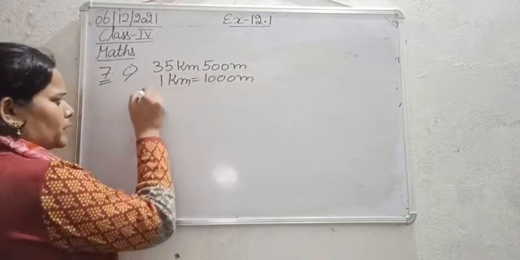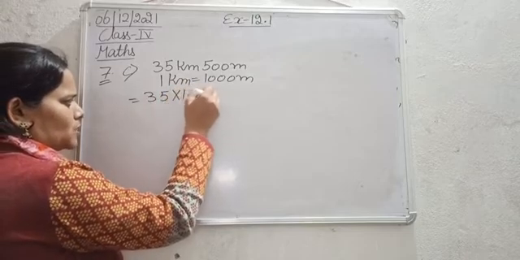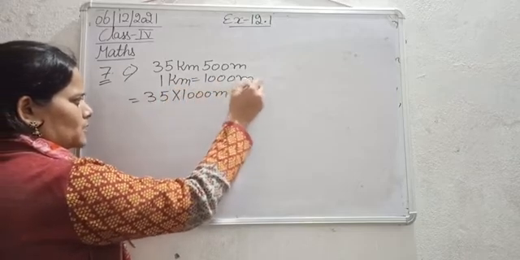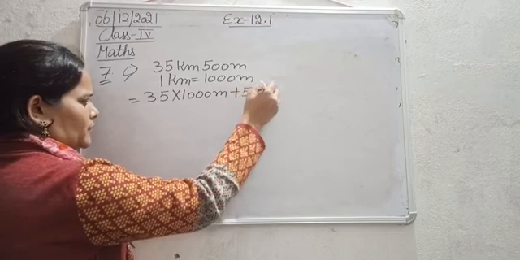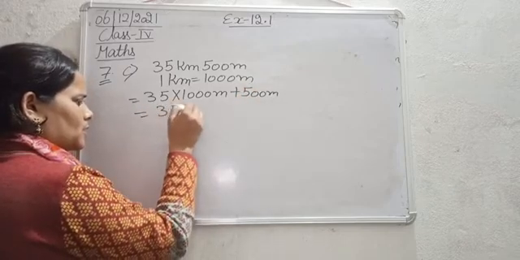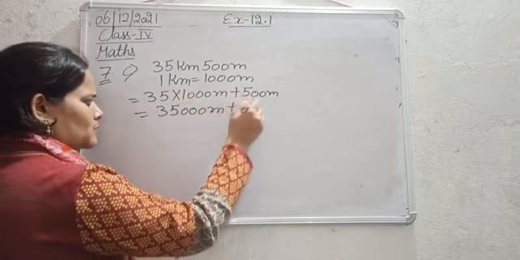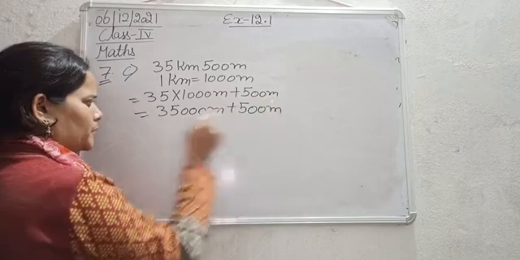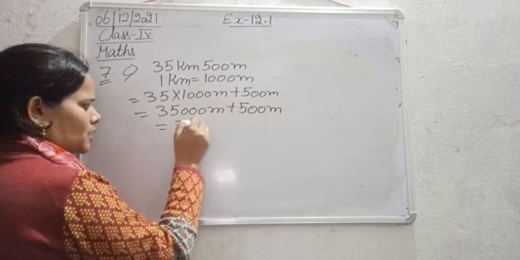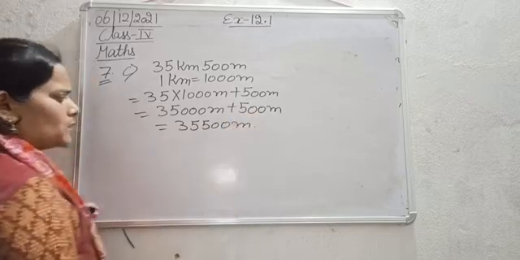So kilometer will be converted into meter by multiplying it with 1000 plus 500 meter. This is 35,000 meter plus 500 meter. This is 35,500 meter.